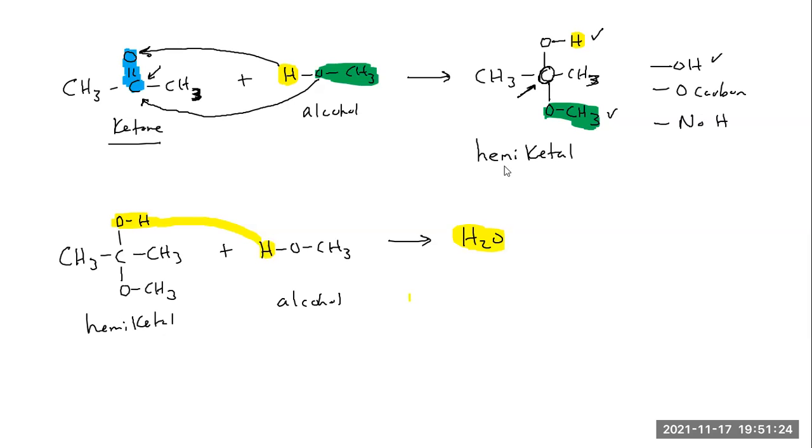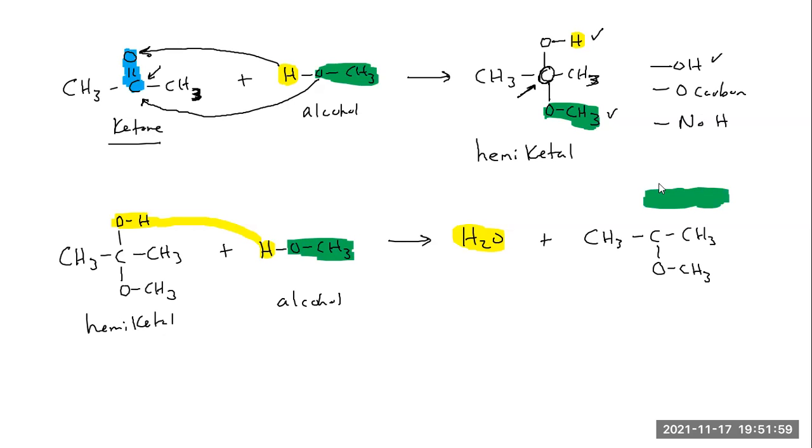And just like it did before, when we do that, that pretty much takes the OH off of our hemiketal, and we could redraw it without that OH. By removing that OH group, it also makes room here on the carbon for the other part of the alcohol to come in and basically take its place. So now this guy has a spot over here to come in.